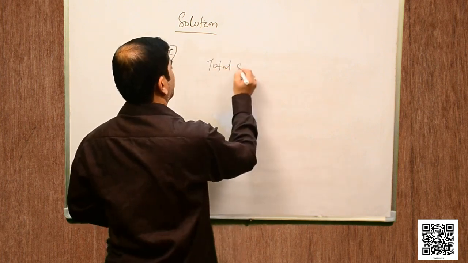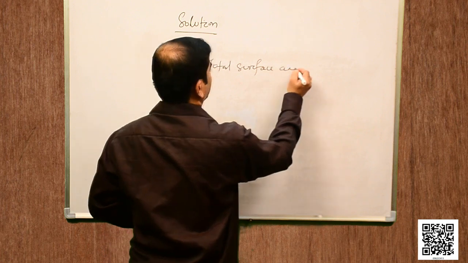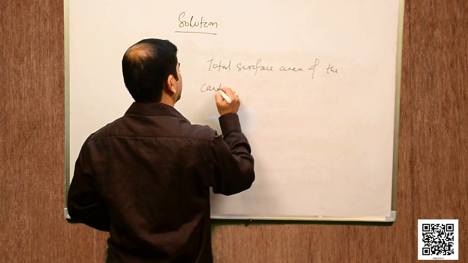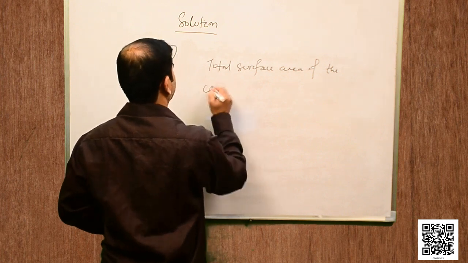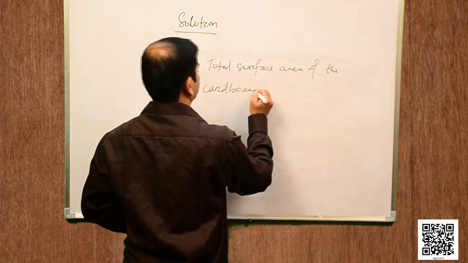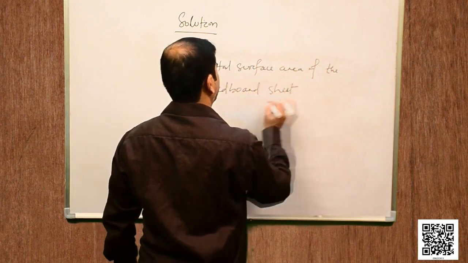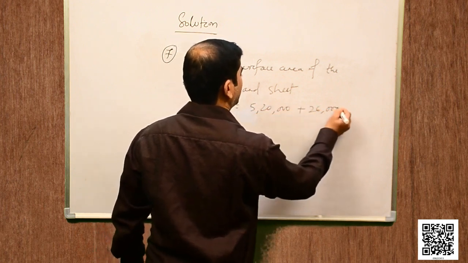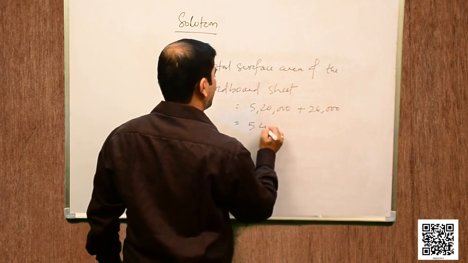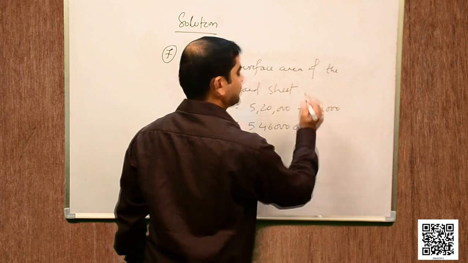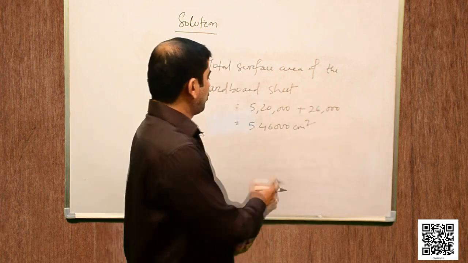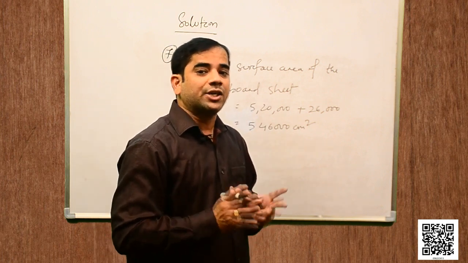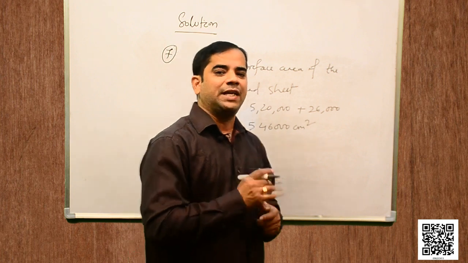It is equal to 5,20,000 plus 26,000, so 5,46,000 centimeter square. Okay. So 5,46,000 centimeter square of cardboard is needed to construct the 250 boxes of each type.